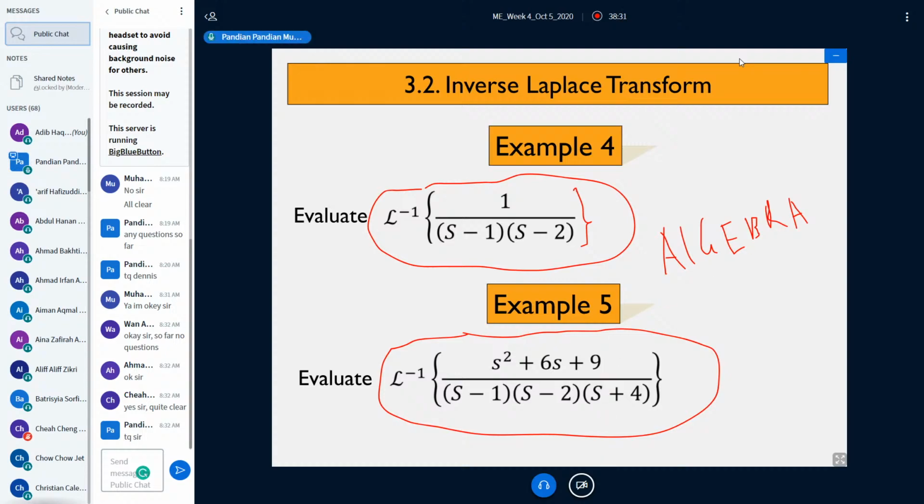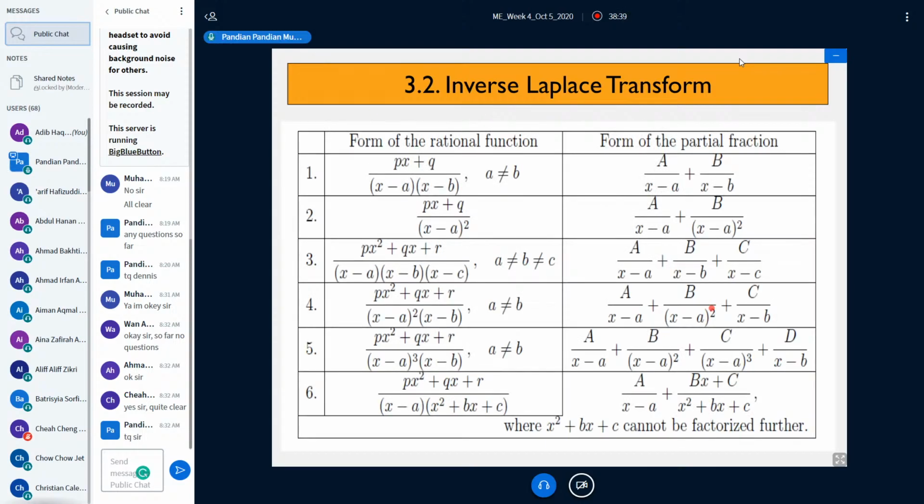So for handling these two problems and many more problems in the future, you must know these 6 formulas. You take a snapshot on this. You can put it in your handphone so that always you see this, or write down in a piece of paper. See these 6 formulas.